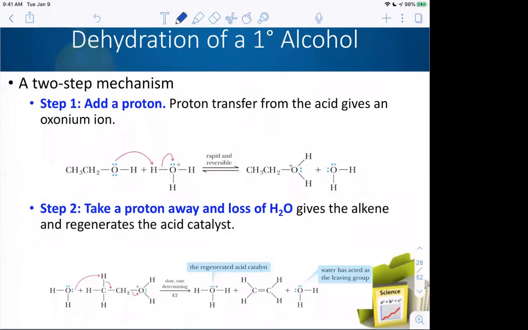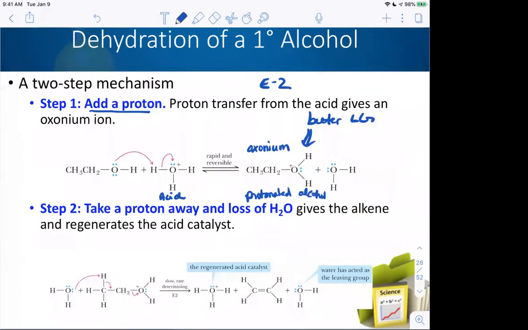Now, if I have the dehydration of a primary alcohol, remember, I'm not going to form a primary carbocation, but I will undergo an E2 reaction. The first step is going to add a proton because I have to make a better leaving group. So I have to have this acid around so I can protonate the alcohol and form this oxonium ion.